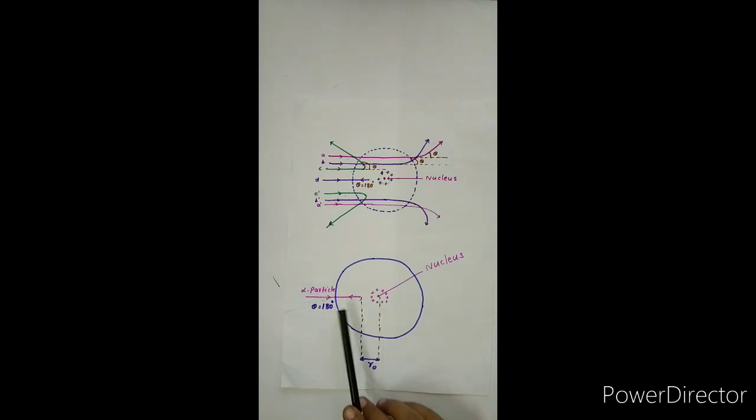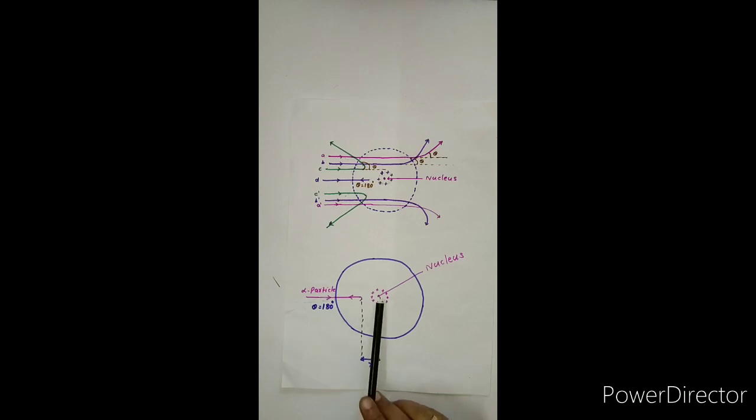The kinetic energy of the alpha particle is converted into electrostatic potential energy. Then it retraces its path with an angle of 180 degrees.